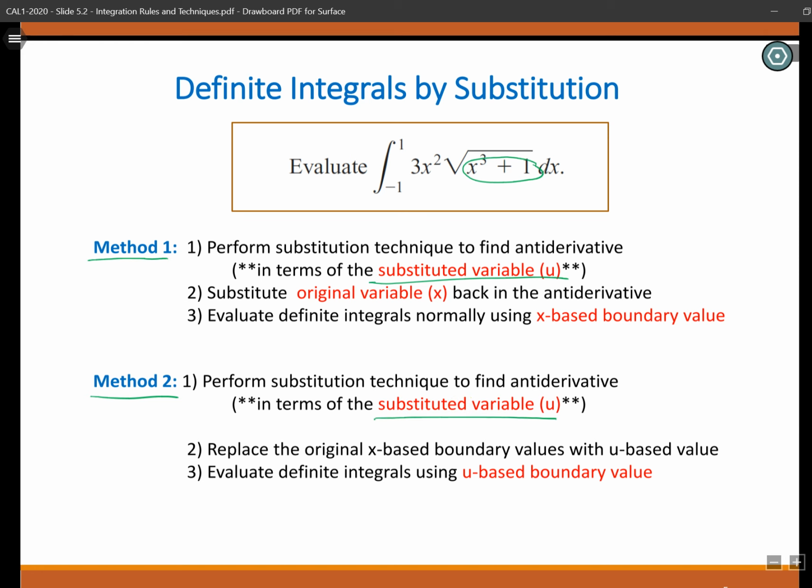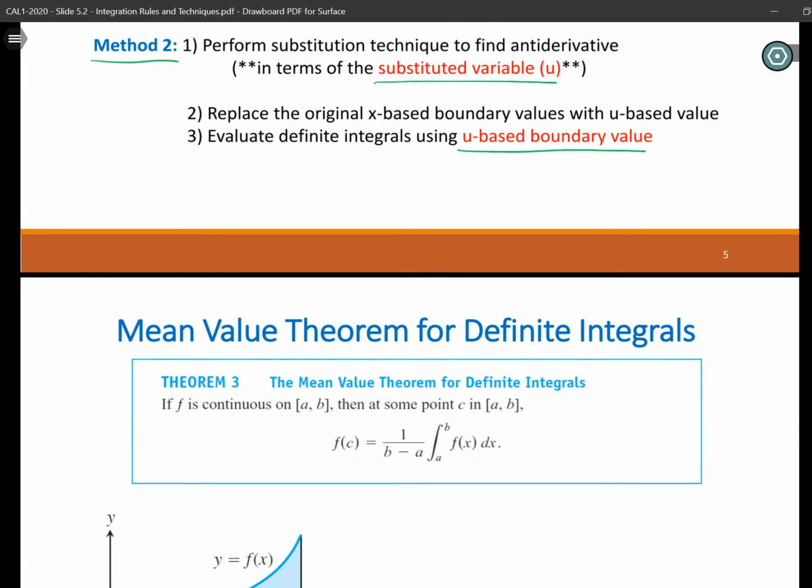The main difference between method 1 and method 2 is that in method 1 we put x back, so we work with the x-based boundary values and then evaluate the integration. For method 2, instead of putting x back, we stick with u and change everything to u, including the boundary values. You can pick either one. Both of them work.